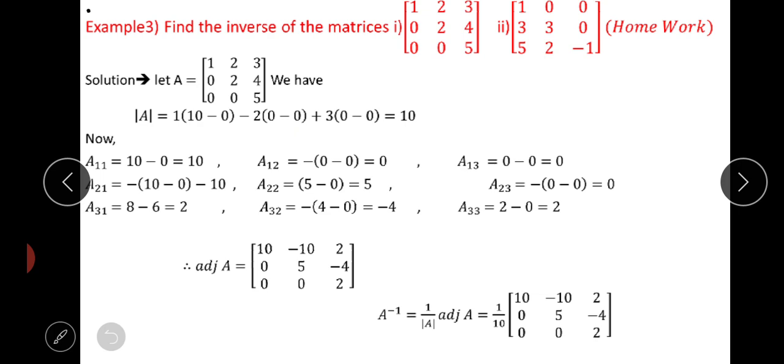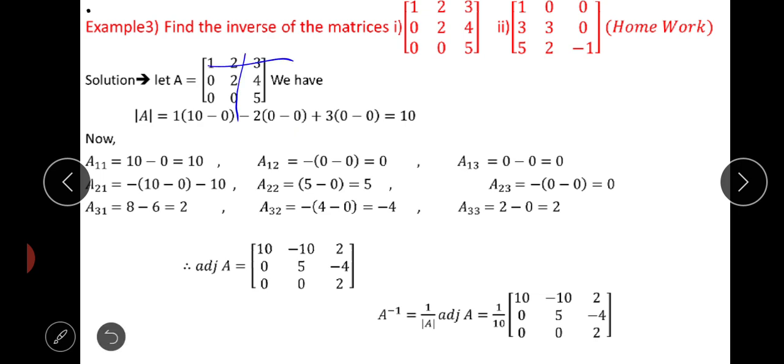Okay, let us start the next example, and that is a 3 cross 3 matrix. Let A be equal to [1 2 3; 0 2 4; 0 0 5]. What will we get for the determinant of A? If you expand along the first column, it is very easy to find, but I am expanding along the first row. 1 into (10 minus 0), 5 into 2 is 10, then 0 into 4, 0, minus 2 into 0 into any number will get 0.